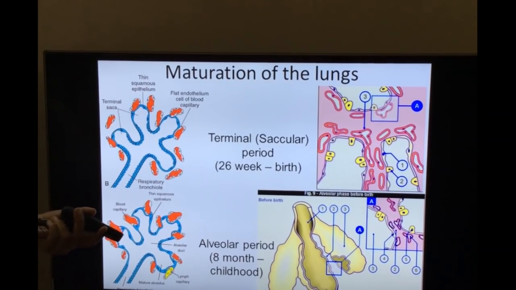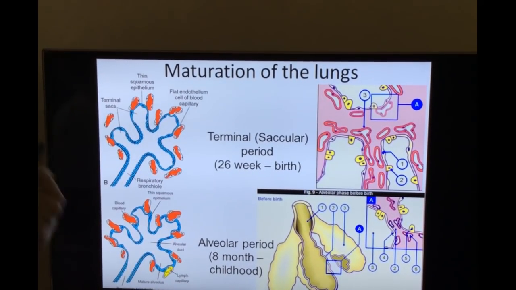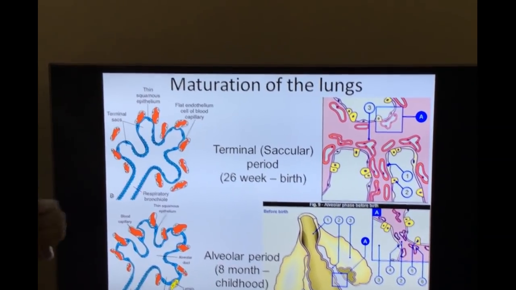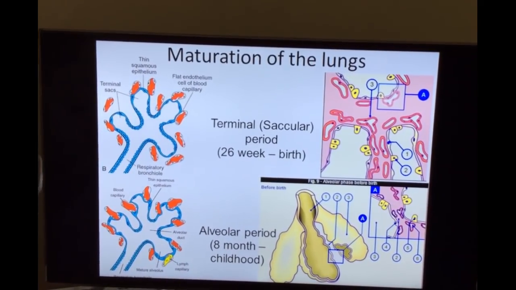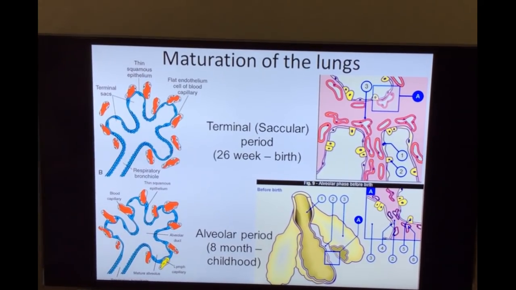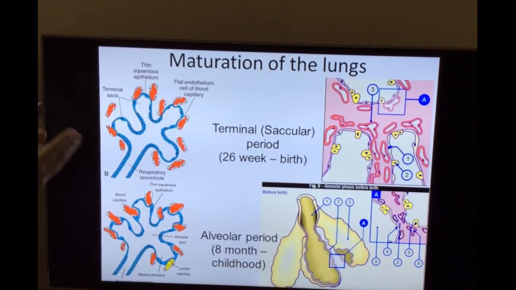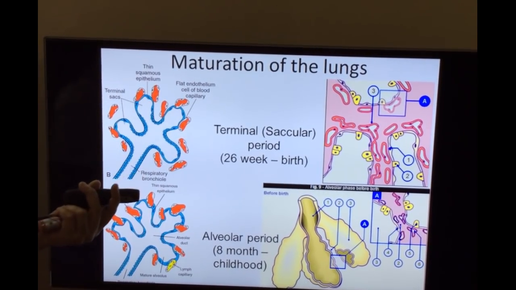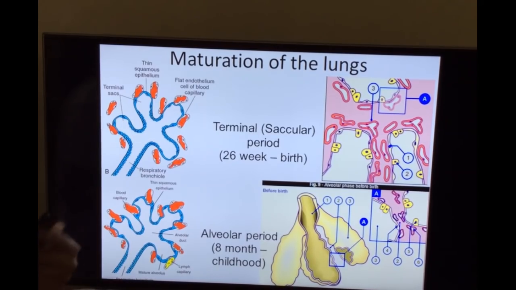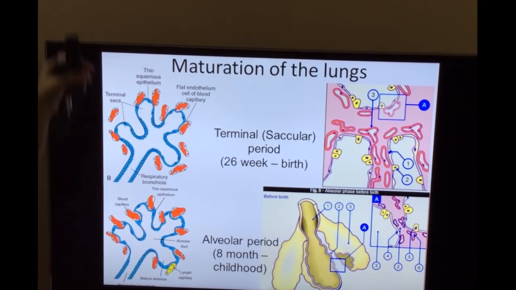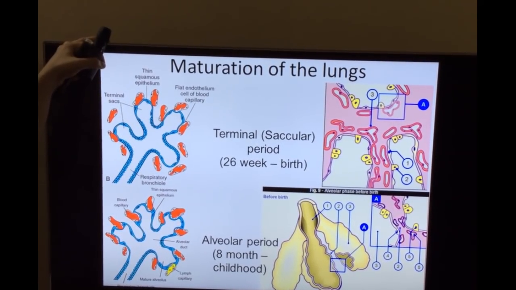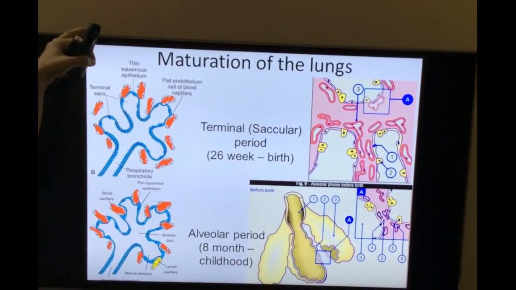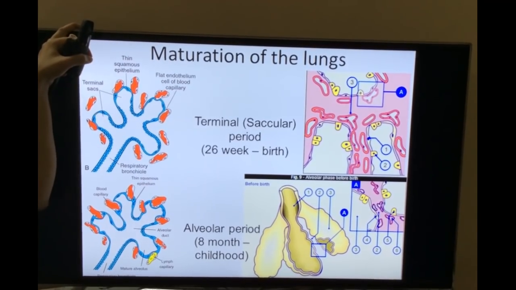This can be one of the reasons, because the surfactant production increases after the 7th month, and by 34 weeks there will be increased production of surfactant. Since the baby was born at 32 weeks, there might be collapse of the alveoli, which has led to respiratory distress. And since the alveoli are filled with fluid which is high in protein, when you saw the X-ray, there were complete opacities on both sides of the lungs.